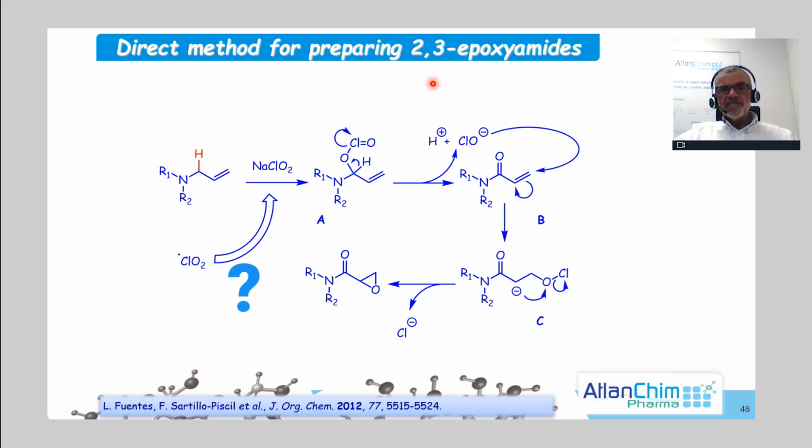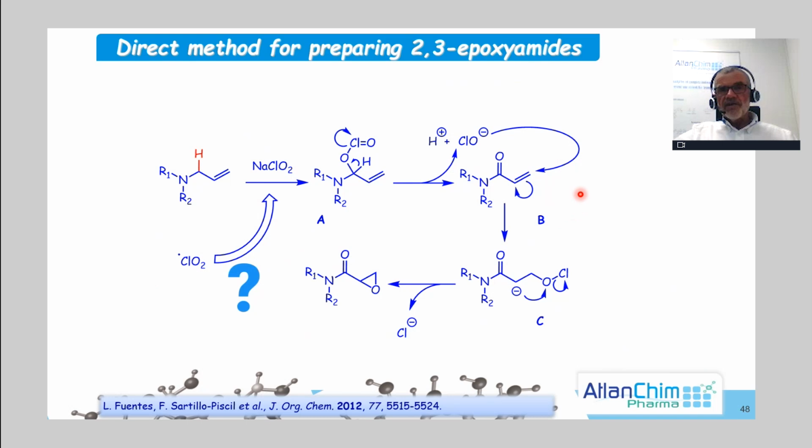From intermediate A, elimination of hypochlorite ion provides B. It should be pointed out that the first step involving chlorine radical is not clearly understood.